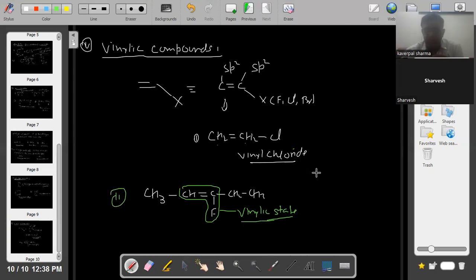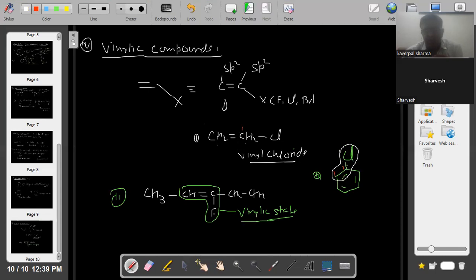Now, example number 3, you can write here in the case of vinyl benzene. Here is Cl. We generally say chlorobenzene. But this is also a vinylic carbon. Carbon, double bond carbon, then this one. So 1, 2, then double bond.